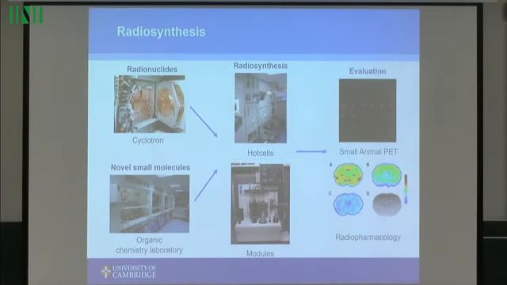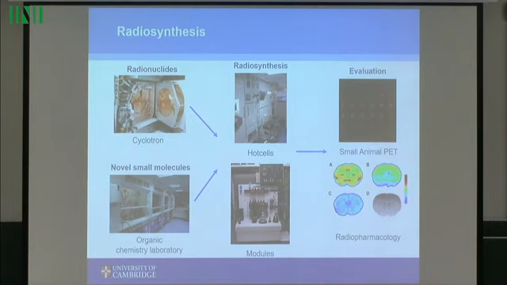So the actual radiosynthesis, what happens here? That's the cyclotron in which the PET isotope is produced. It is a particle accelerator. What happens there is protons are bombarded onto a target from which a non-radioactive isotope is turned into a radioactive isotope.